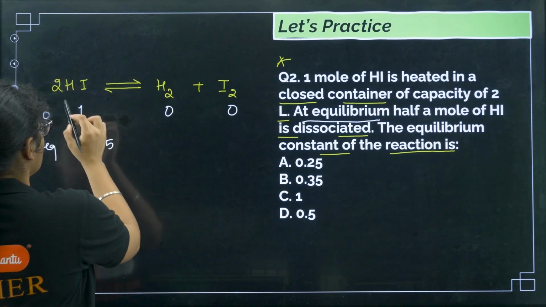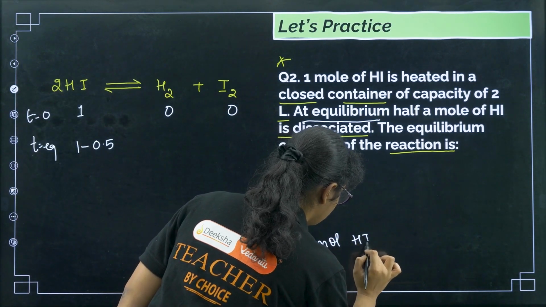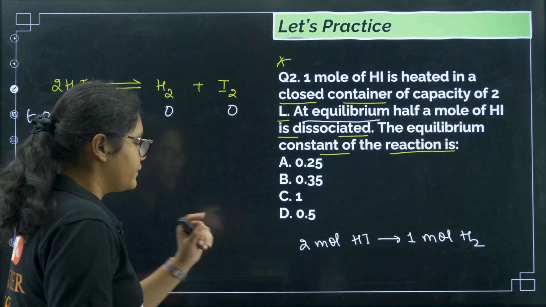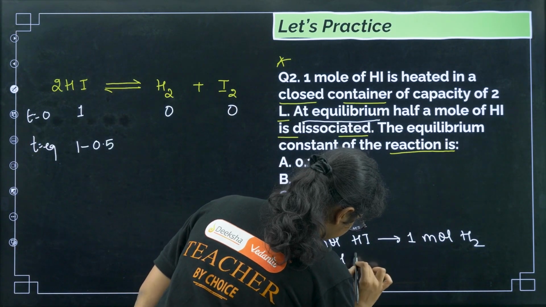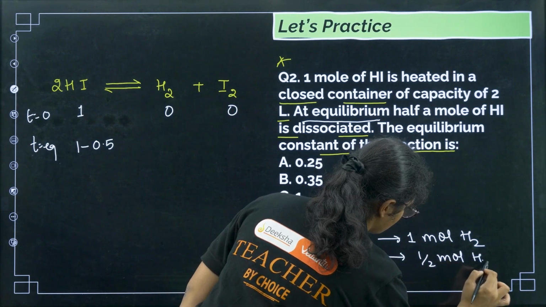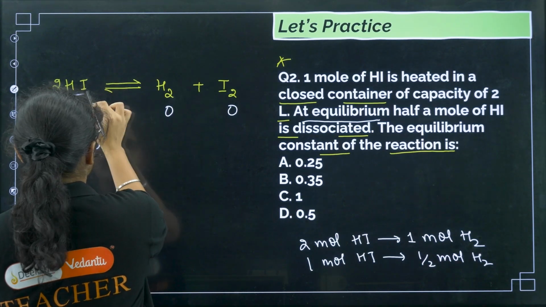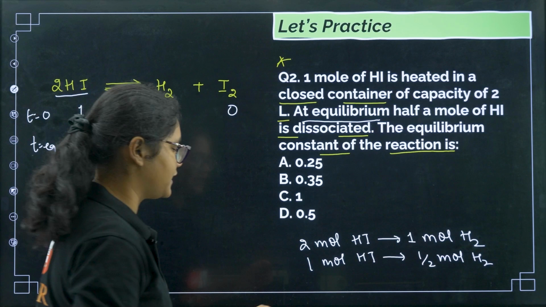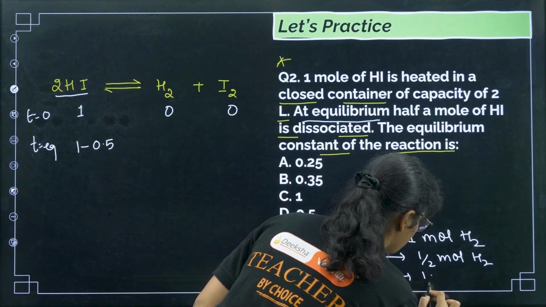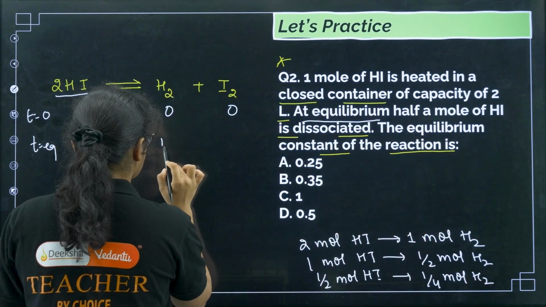Now 2 moles of HI give you 1 mole of H2, right? Then 1 mole of HI will give you 1/2 mole of H2. But how many moles of HI has actually reacted? 0.5 moles of HI has reacted. So half mole of HI will give you 1/4 mole of H2.